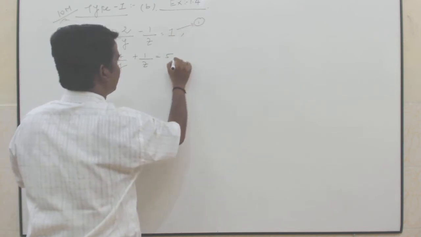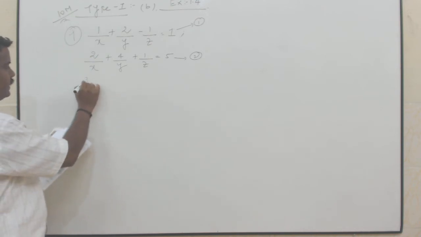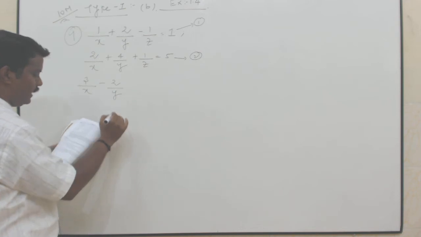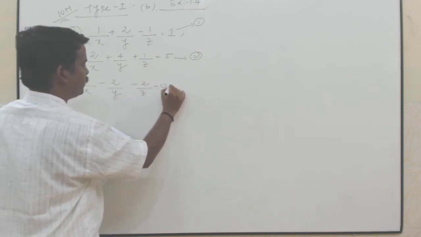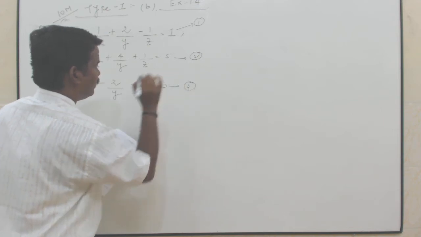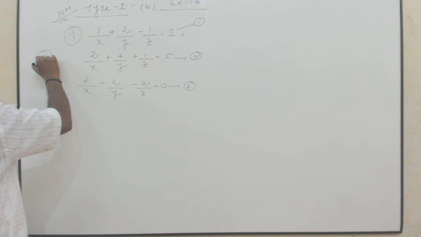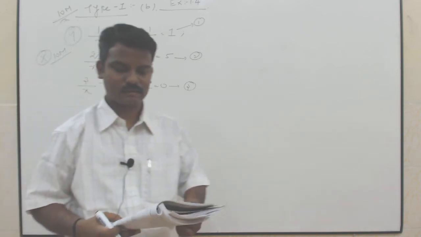Call this as equation number 1. This as equation number 2. The final equation is 3 by x minus 2 by y minus 2 by z, it is equal to 0. Call this as equation number 3. This problem is also very very important, 10 marks.